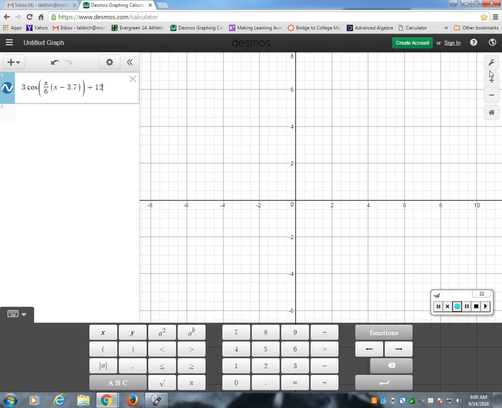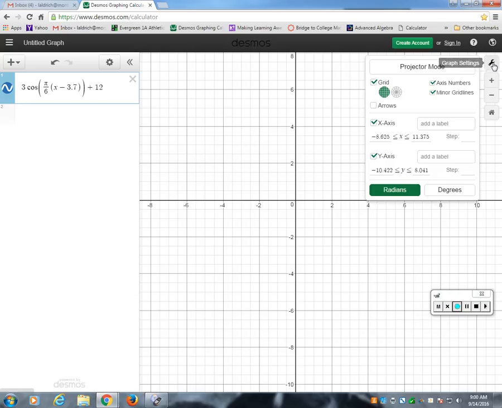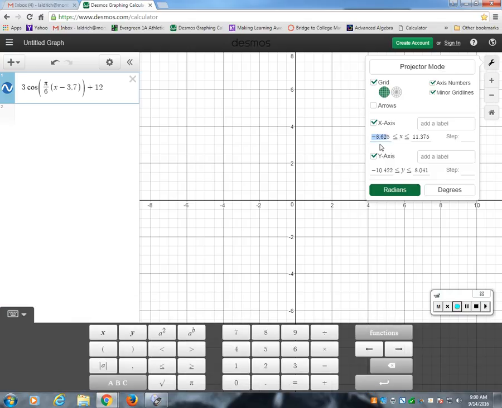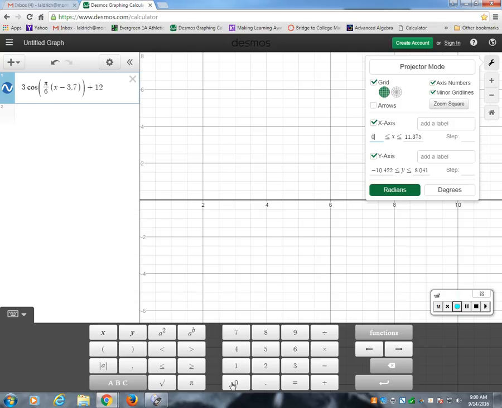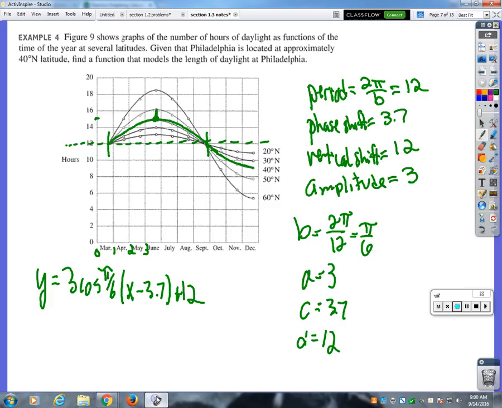Okay, and then our scale, we want that to be, the smallest thing on the x-axis was 0. And then how many months did we go? Did we go 12 months? 1, 2, 3, 4, 5, 6, 7, 8, 9, 10.